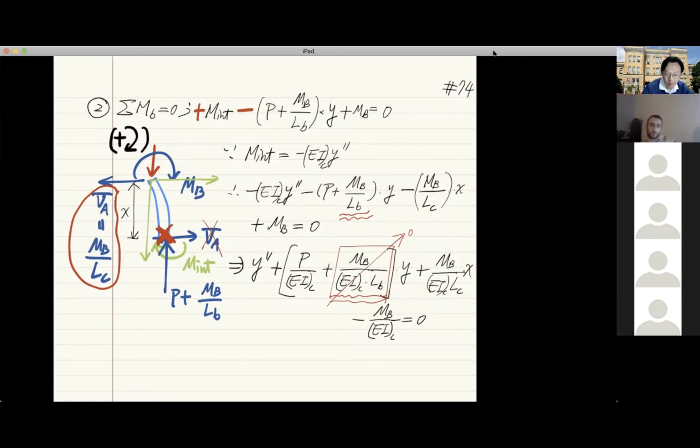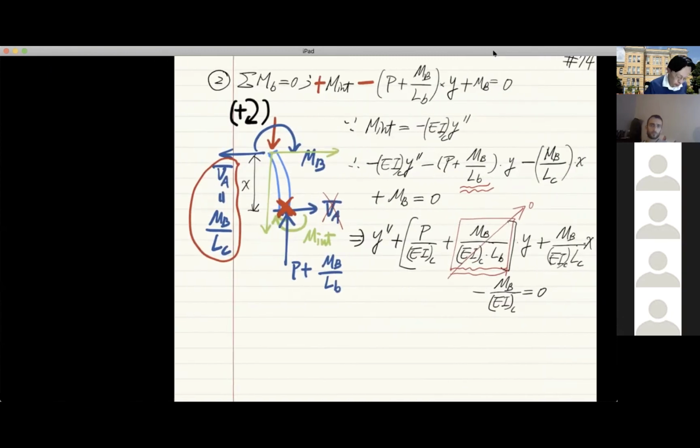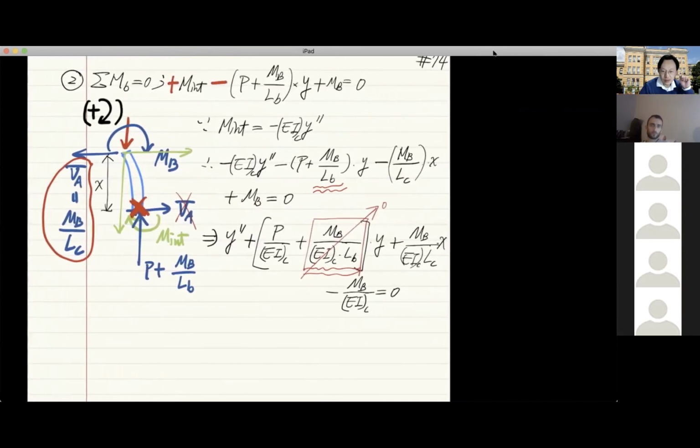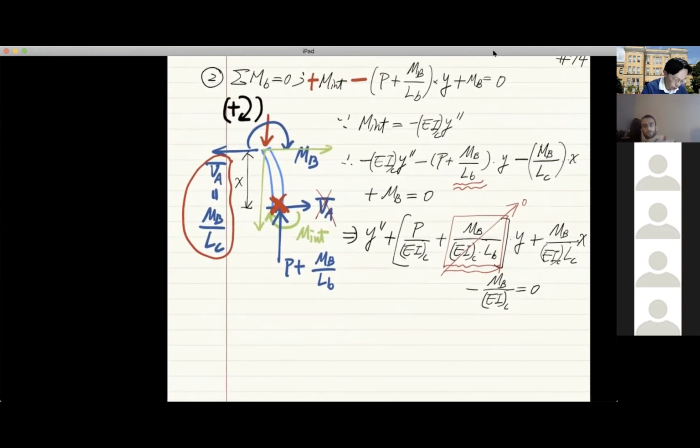That's one. And secondly, when you look at this expression here, you notice that by canceling out this term, the moment produced by MB times y here, this is X, and y is from this point to this point.